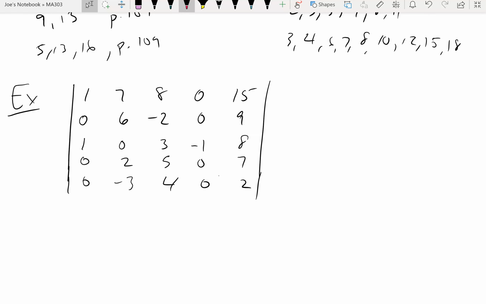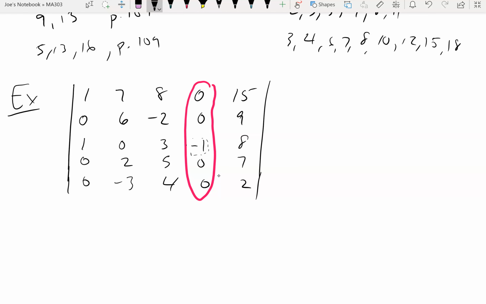All right, so one of the things we notice in this particular matrix is this column has lots of zeros in it, right? So when we expand along this column, the only one that matters is this one, right?